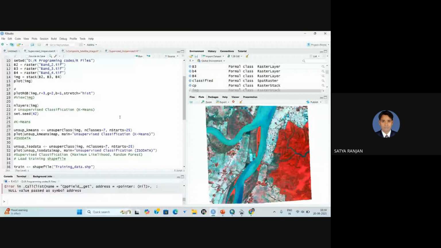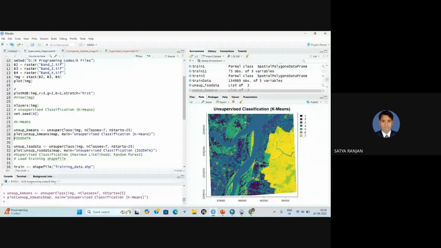K-means unsupervised classes, k equals 7. So this is the unsupervised classification of k-means.